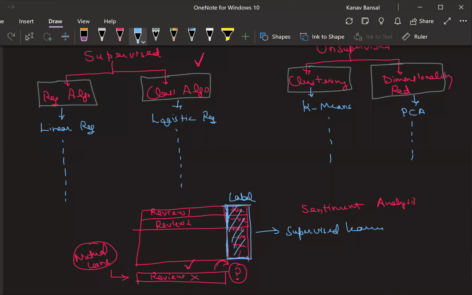And the next thing, see how many categories do you see in this column? Two categories, correct? We have positive and negative. Since we have only two categories, we can put classification here. Everyone understood this entire thing?